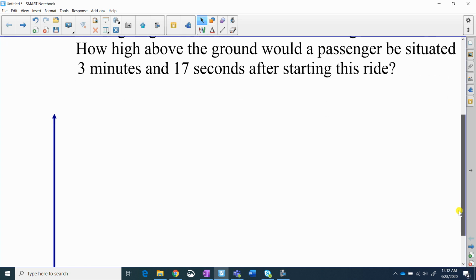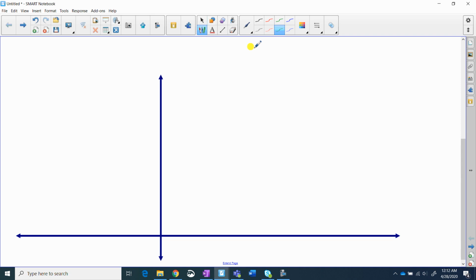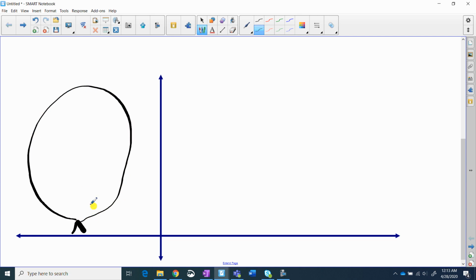I'm just going to, for this one, draw the Ferris wheel. You don't have to do this in each question, but just to get you started. So we have a Ferris wheel, something like that.